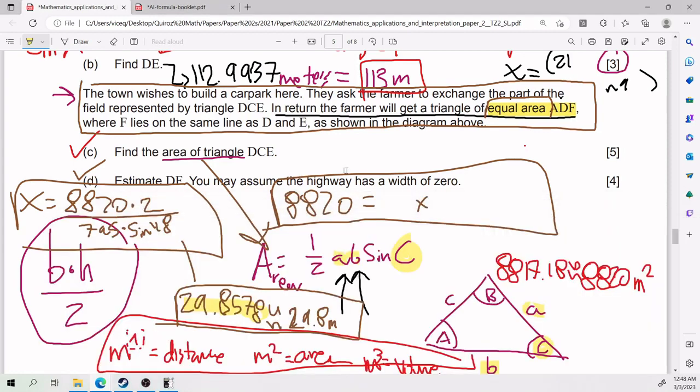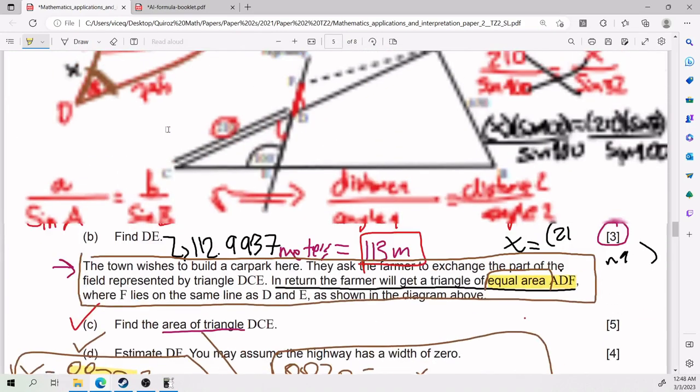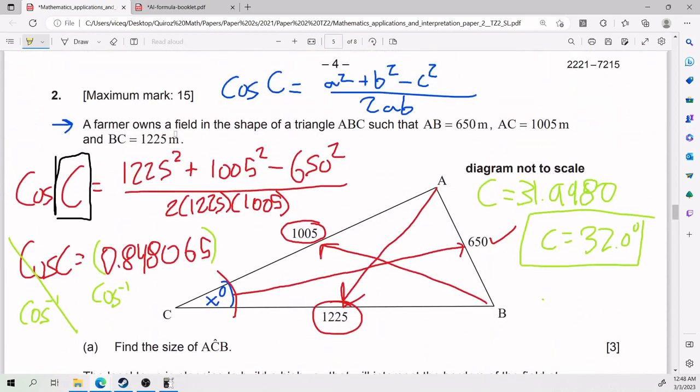That difference arises because we used the estimated value from part C. We used 8820 instead of 8817. All right, and so that small difference is the kind of thing that makes you have a slightly different answer. But as long as you're consistent, you get full credit. Do not worry about that. I did want to mention it because I'm sure someone out there is facing that issue. Anyways, that is number 2.